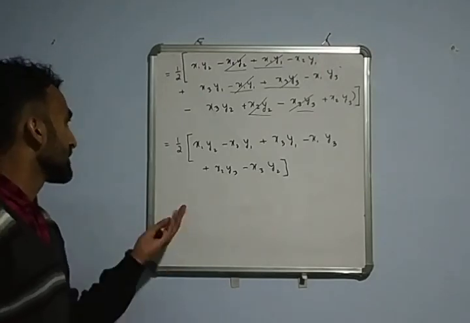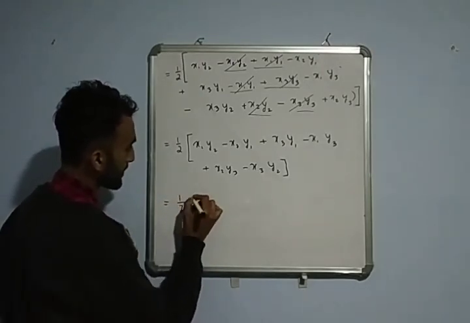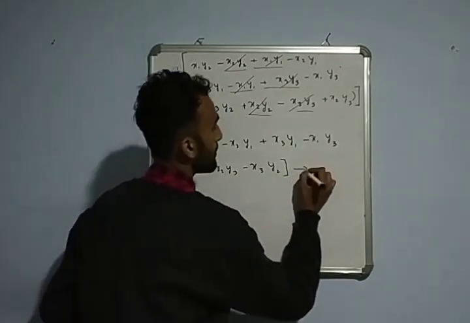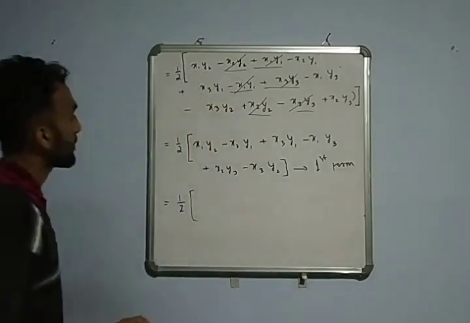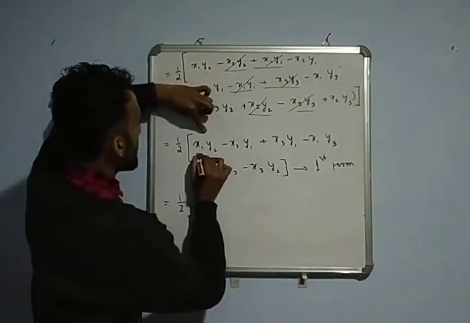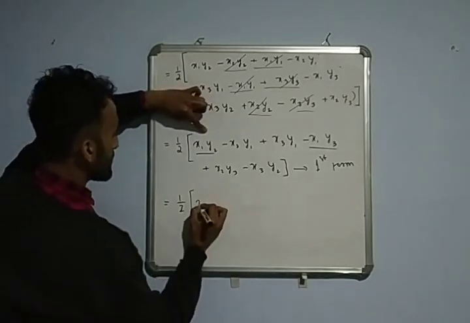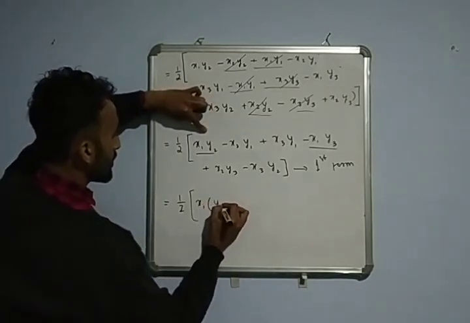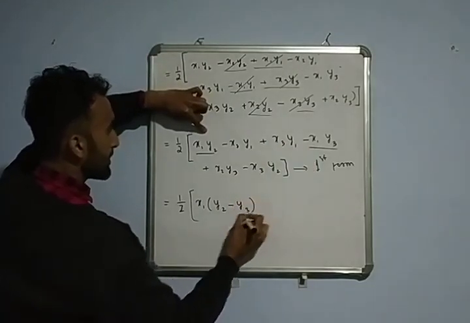You can do it this way, or you can do another way. This is the first form. Now another way: from these two you see x1, and from here also I can get x1. So let me take x1 common, what is left? y2 minus y3 is left.